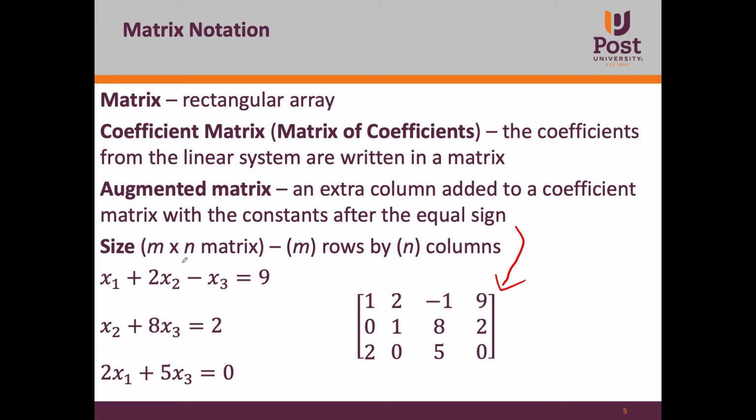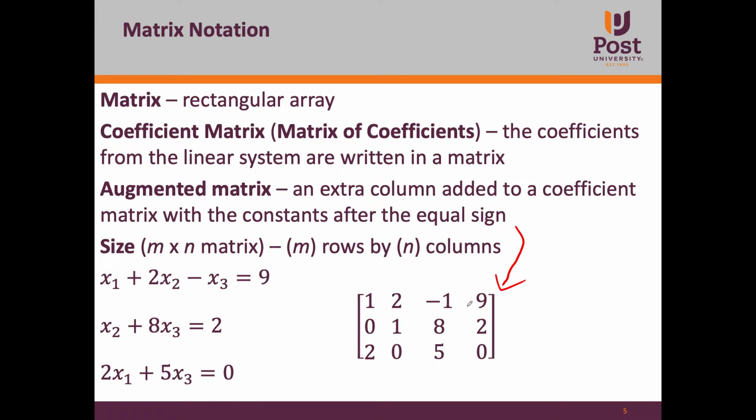The size of a matrix is denoted by m by n. M is the number of rows and n is the number of columns. So, for example, this system I have down here, x sub 1 plus 2x sub 2 minus x sub 3 is equal to 9.